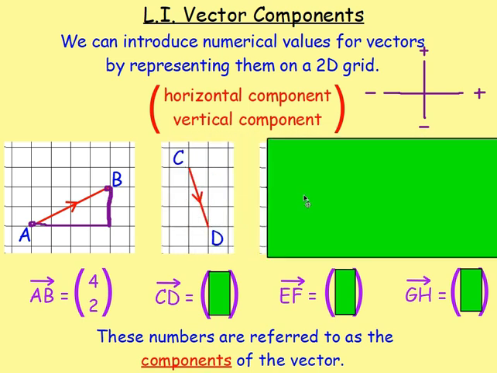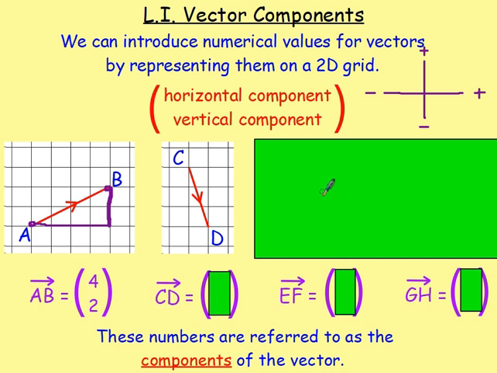Let's try another one. This time CD. Once again, we're thinking about the horizontal and the vertical components. Which one would we start at, C or D? You'd start at C! Good, because you can see the arrow is heading down in this direction. So we are starting at C and we're finishing at D. Once again, think if you move horizontally and vertically only, how would you go from C to D?